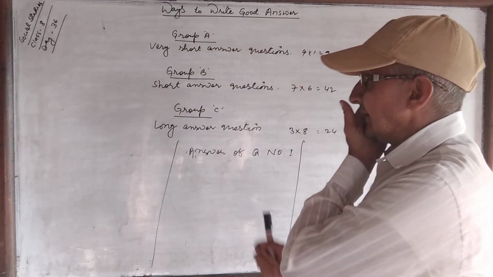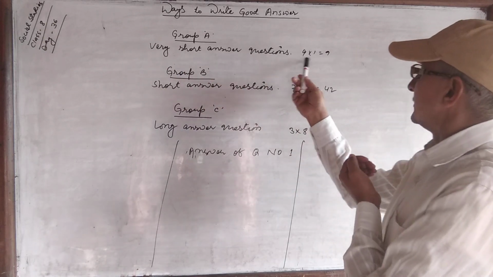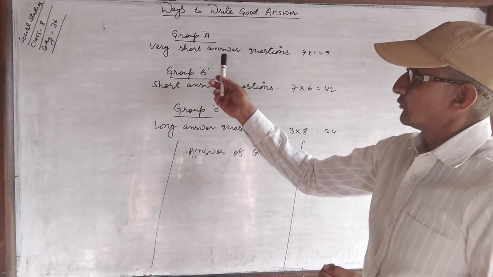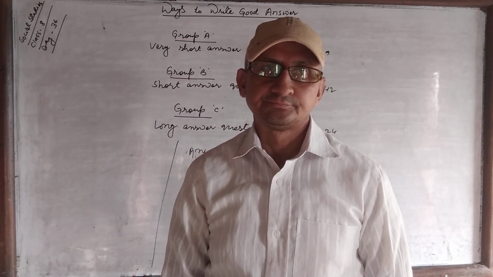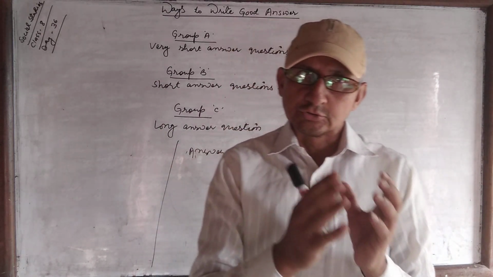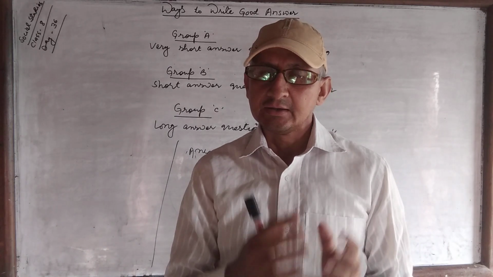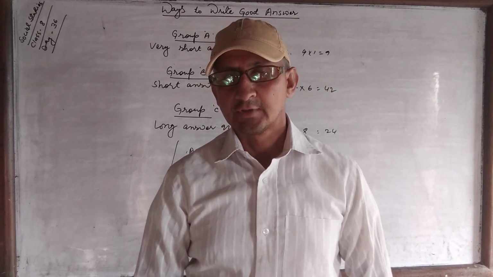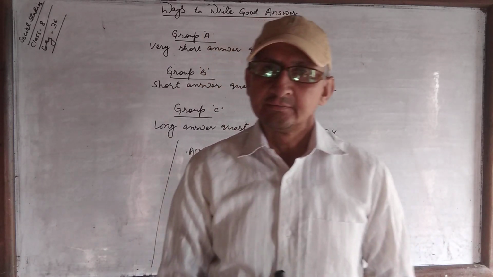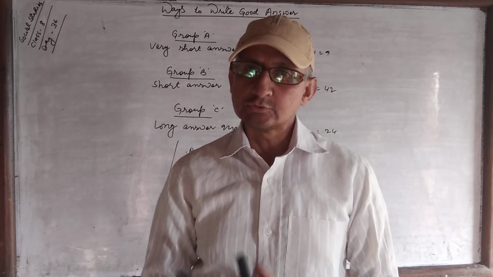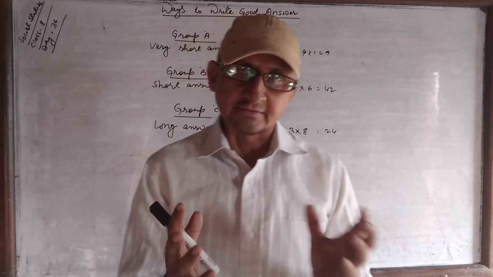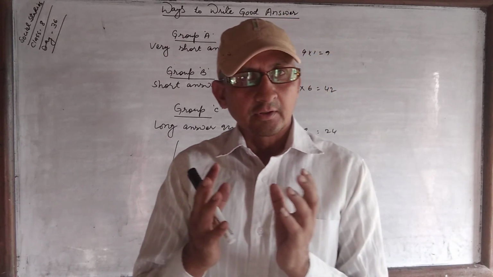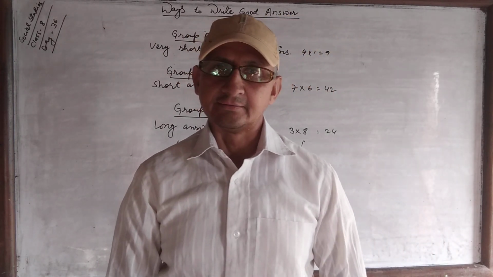There are 9 questions in group A. The question types are very short answer questions. So don't write the answer in more than 2 lines, or more than 2 sentences. Most of the answers are completed in 1 sentence.